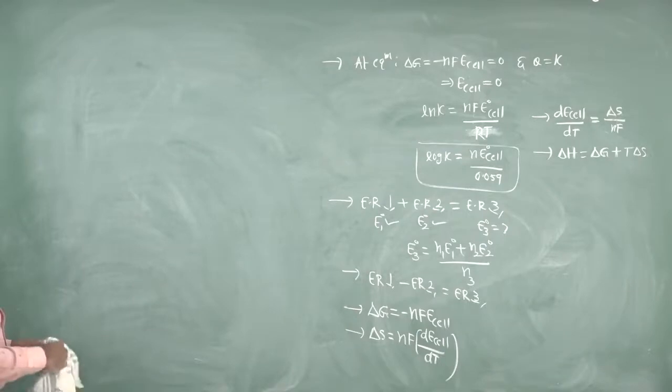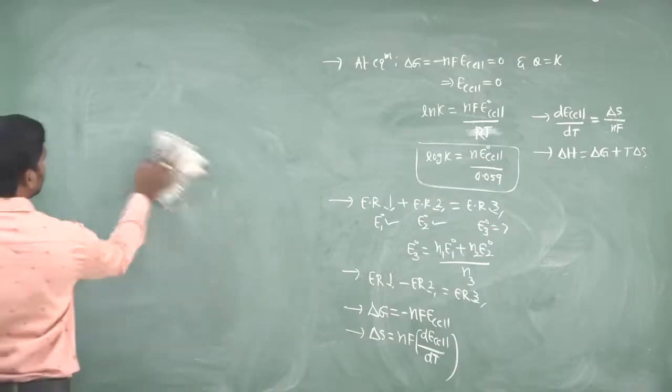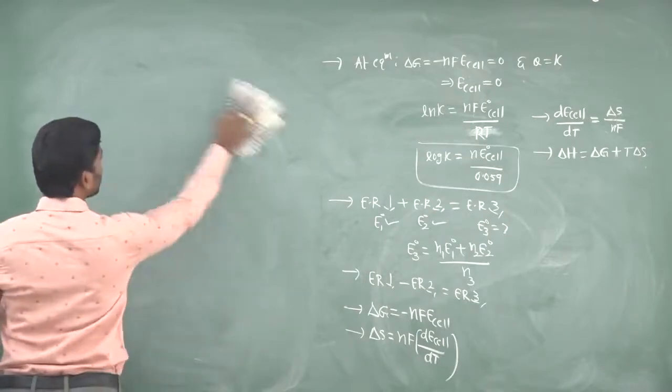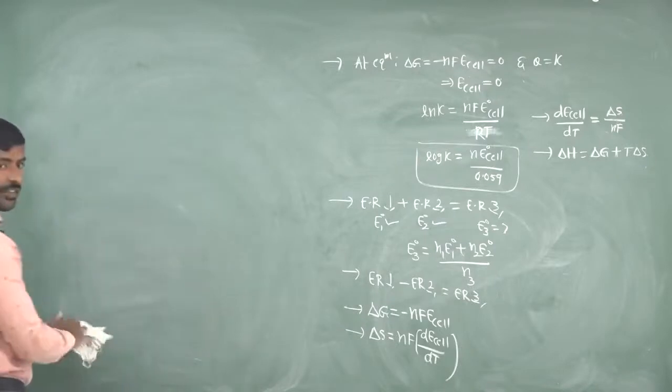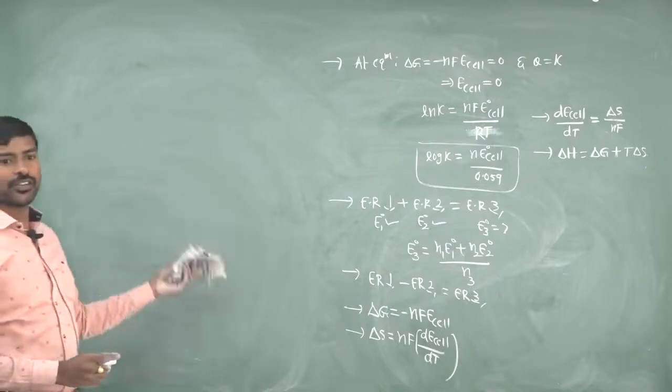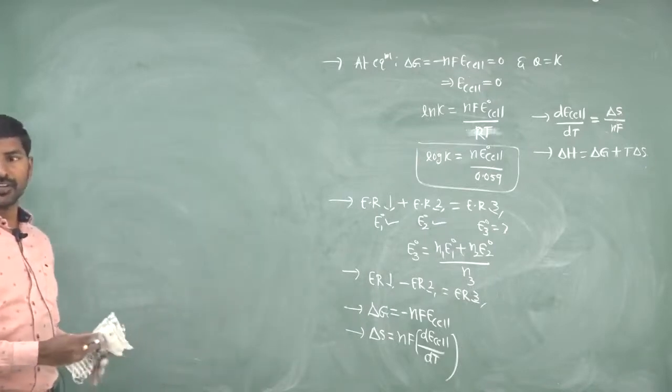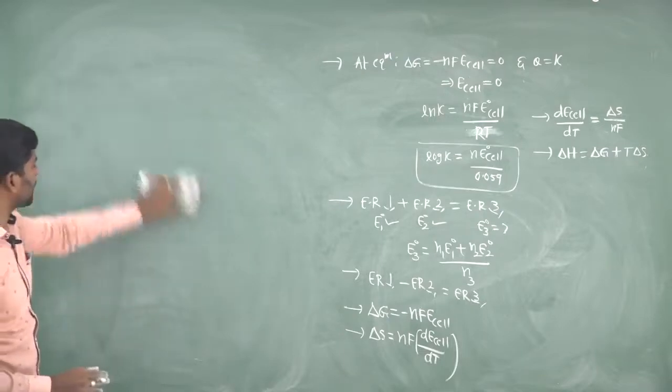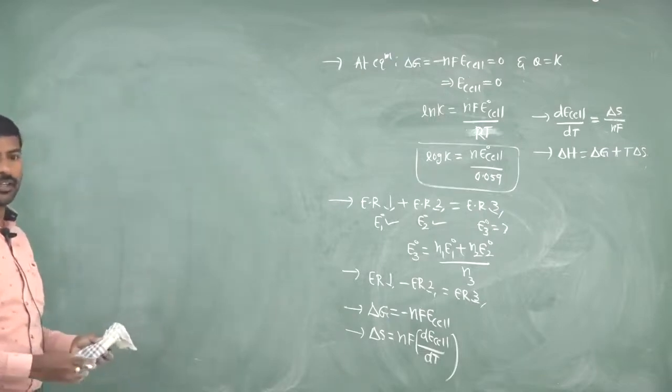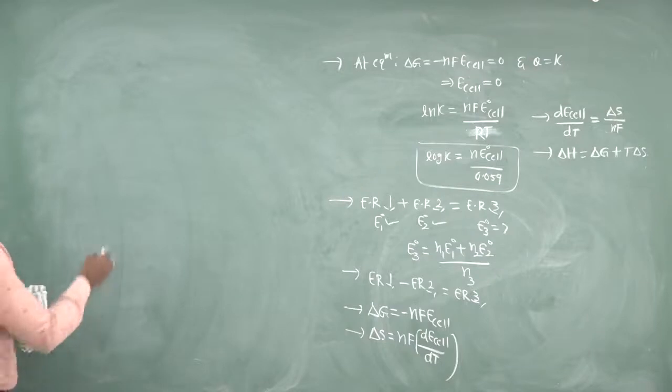Next, chemical cell without transference. The example for a chemical cell without transference is the Daniell cell with the salt bridge.